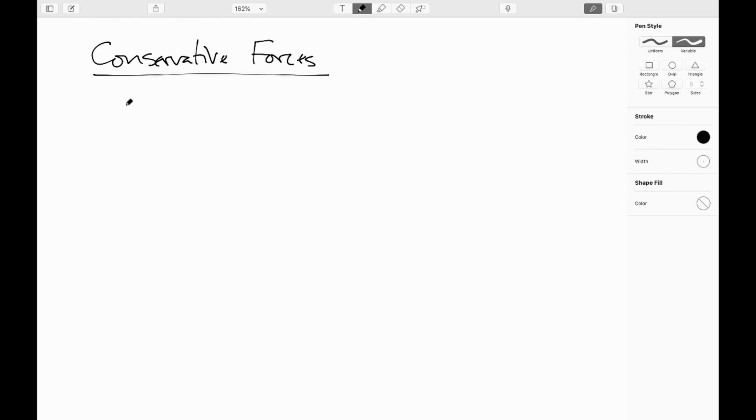So to this end, let's start by defining what we mean by a conservative force.